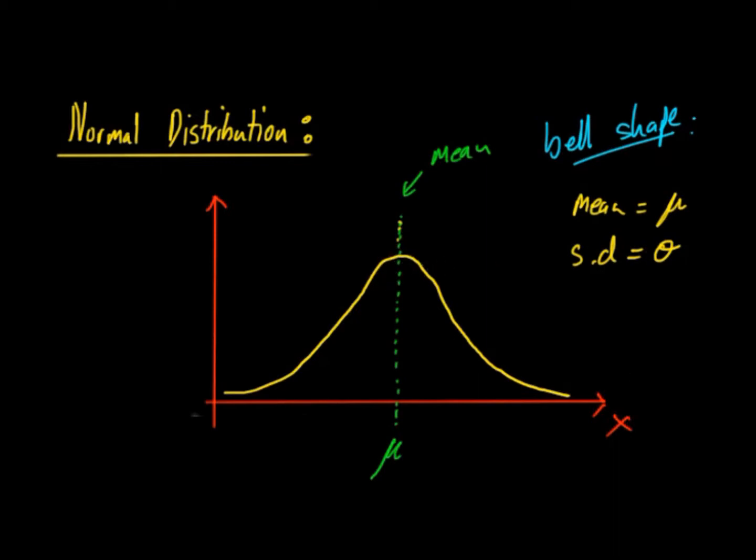So we can say that here is the mode. And then the median is also at this point as well. So that means you have the mean, median, and mode all at this symmetrical point. That's a very important observation, that the mean is equal to the mode, which is equal to the median.